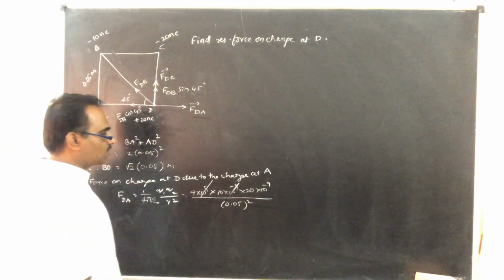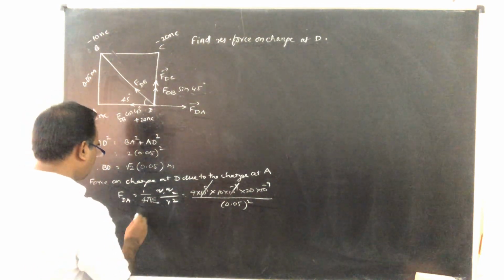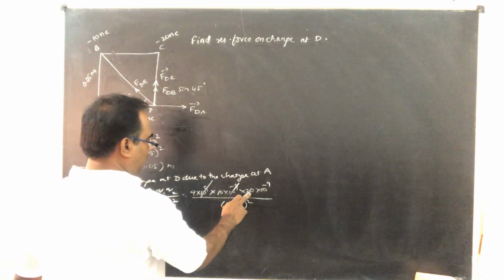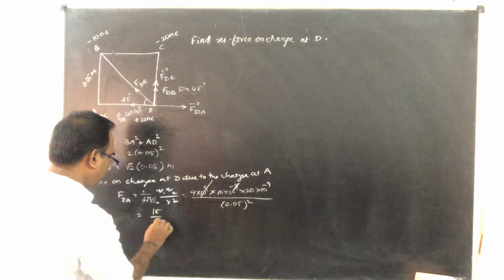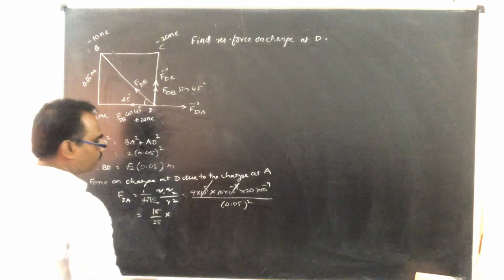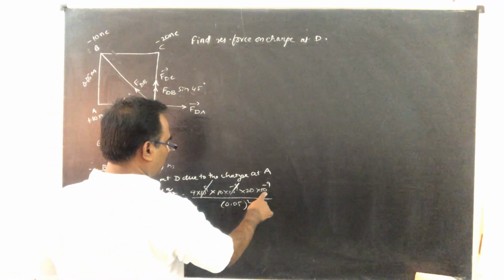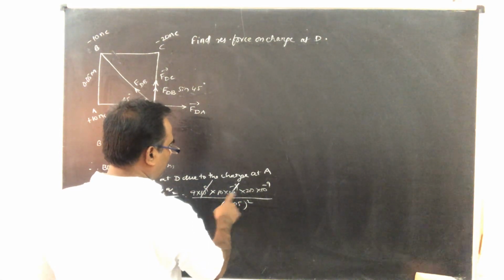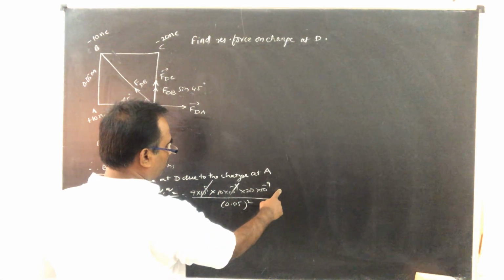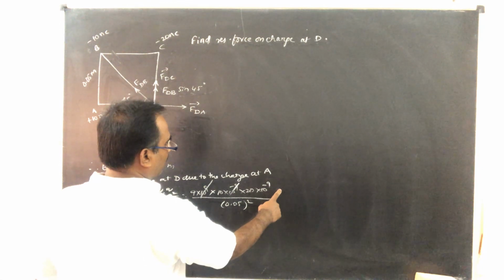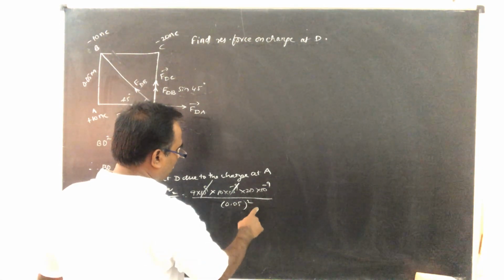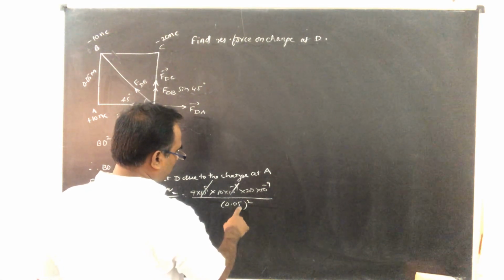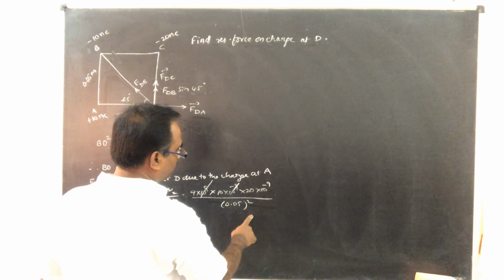This term cancels. So this is 18 divided by 25, times 10 to the power of 9, and here 10 to the power of 2 is there, so it becomes 10 to the power of minus 7. And 0.05 square is 25 into 10 to the power of minus 4.